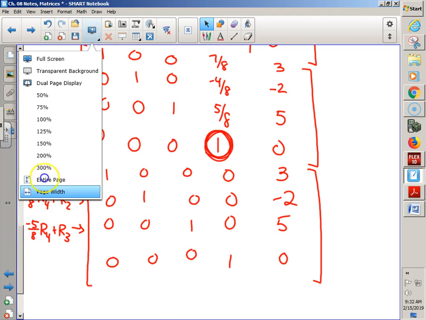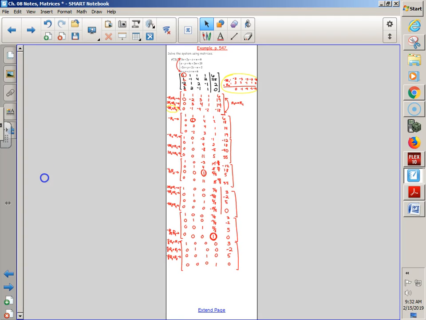What does this mean? Ooh, looks so impressive when we do it that way. Well, you might start scaring your parents that you're going off into some weird numeric cult. But anyway, according to what I see, 3, negative 2, 5, 0 is our solution.